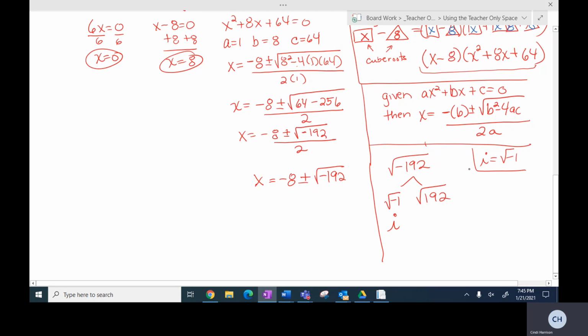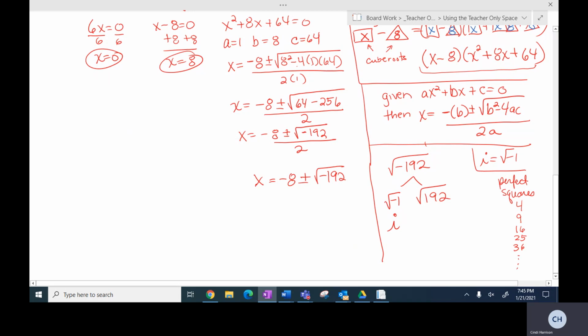Something else to remember. So we want to factor out the square root of -1. That's the imaginary part. And then we need to think of the biggest perfect square factor that goes into 192. So again, you're going to want to have a calculator here. The perfect squares are going to be numbers that have square roots that come out evenly, like 4, and then 3 squared is 9, 4 squared is 16, 5 squared is 25, 6 squared is 36, and we just keep on going.